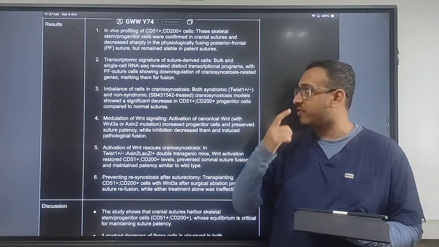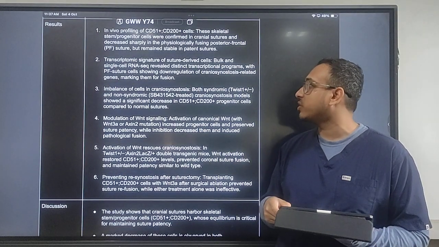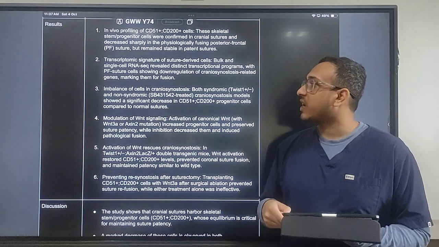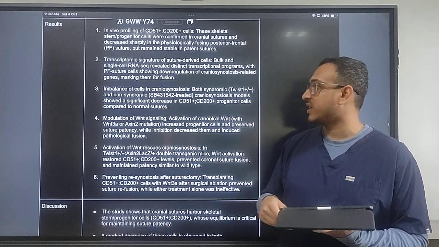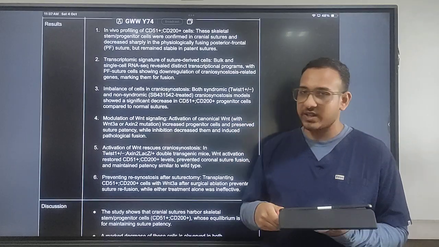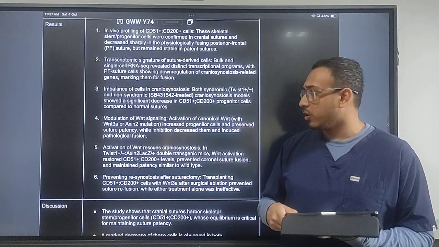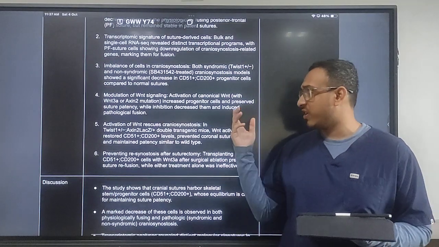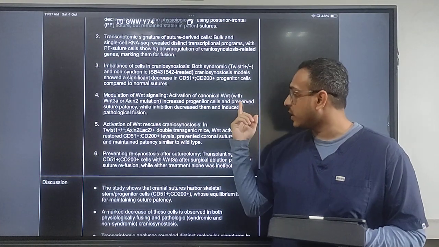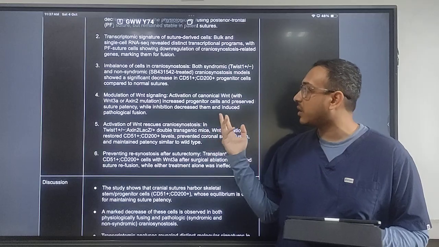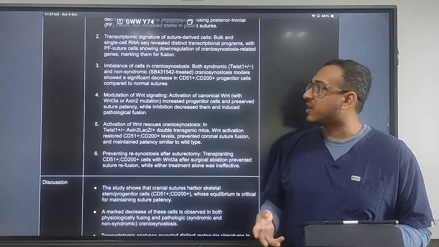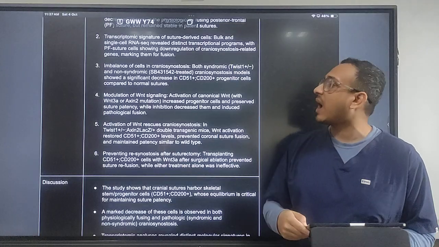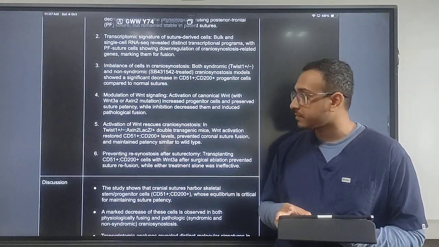In the imbalance of cells in craniosynostosis, both syndromic and non-syndromic craniosynostosis models showed a significant decrease in the stem and progenitor cells compared to normal sutures. In the modulation of WNT signaling, the activation of canonical WNT increased the progenitor cells and preserved suture patency, while inhibition of WNT decreased them and induced pathological fusion.